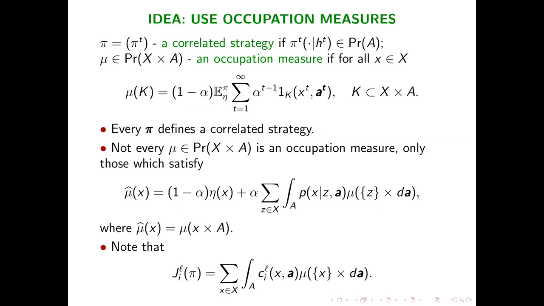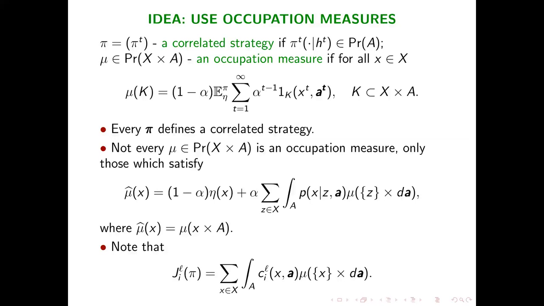And what we do, we start with the so-called correlated strategy. A correlated strategy pi is a sequence pi_t where each pi_t is a conditional probability on the product of the action sets of the players, given the history of the process up to the t-th period.